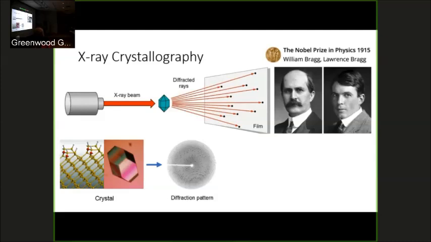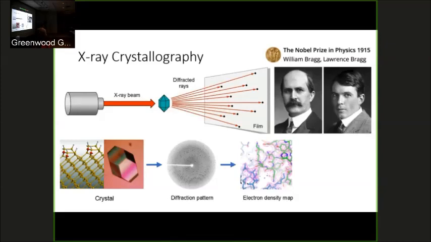And by taking that diffraction pattern and using computational power to piece together what's going on in this diffraction pattern, you can make an electron density map, and then build a protein model.